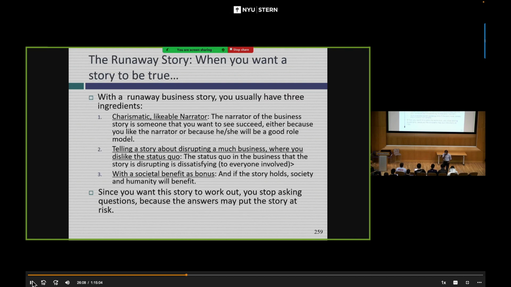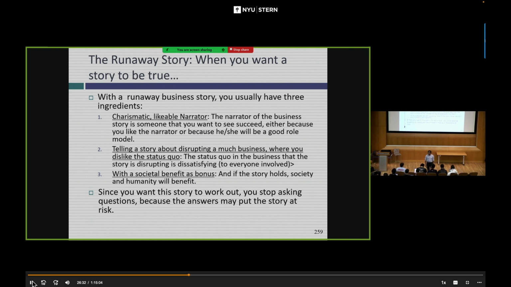Just as a cautionary note, once in a while, as an investor especially, you will run into a story that you fall in love with. Call these runaway stories. And here are the ingredients you will usually see in a runaway story. There's usually a charismatic storyteller, somebody telling the story that makes you say, that's an amazing person.